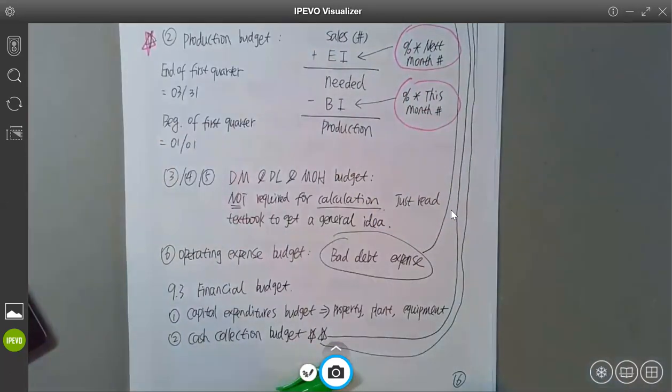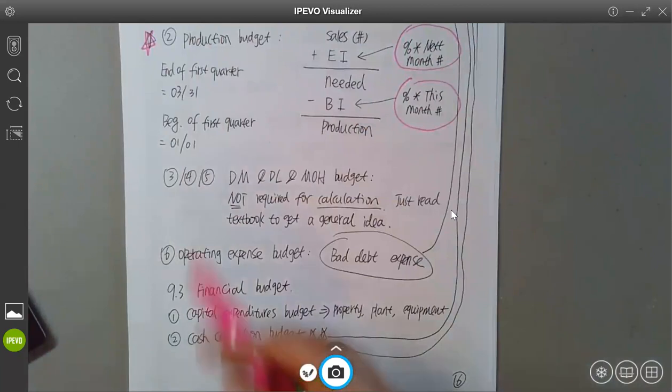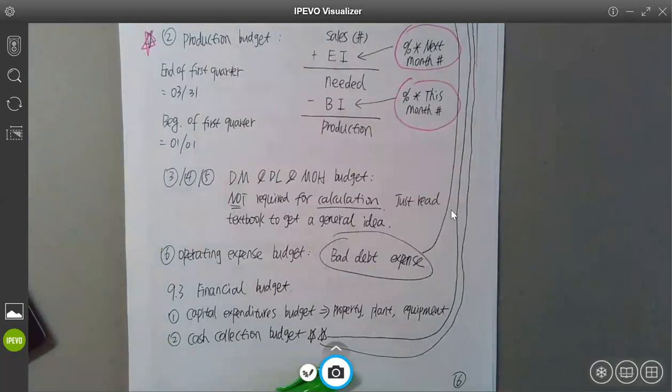Another thing I want to say very briefly is, if I let you do the quarter budget, the end of the first quarter is also the end of March, right? You don't add January end, February end, and March end. March end is also the end of the first quarter.